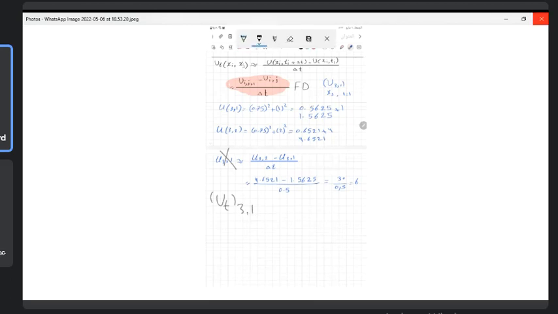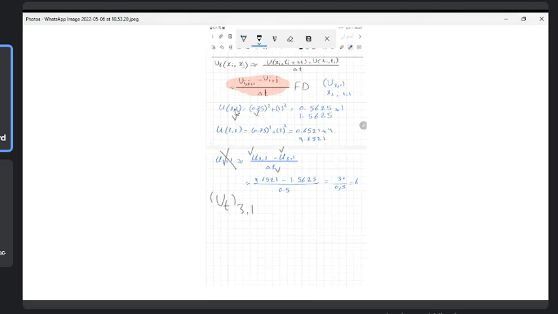Okay? Not U. And you write U3 and 2 minus U3 and 1 over delta t, that is okay. x3 is 0.75, okay, and x1 is not.